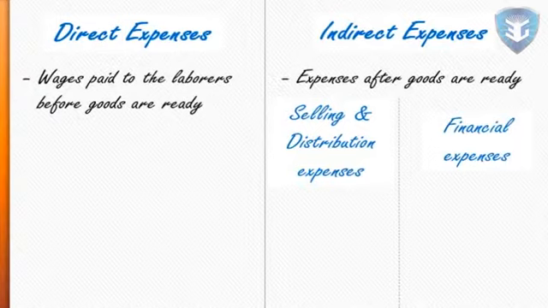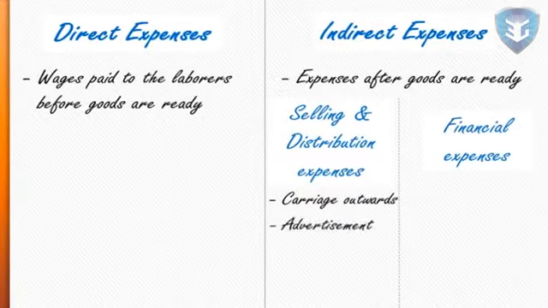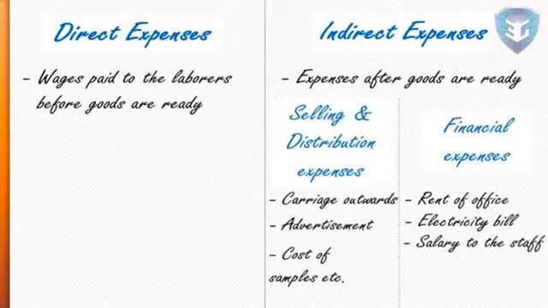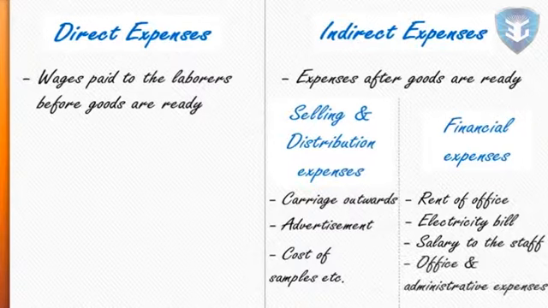Selling expenses, suppose carriage outward, advertisement, the cost of the samples, etc. And financial expenses, suppose you have paid the rent of the office, electricity bill, salary to the staff. And third category is office and administrative expenses, means any expense related to your office or administration. All these are indirect expenses.